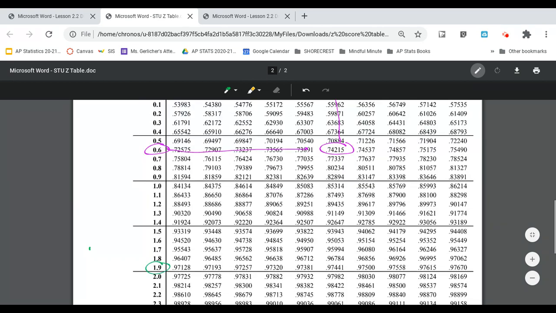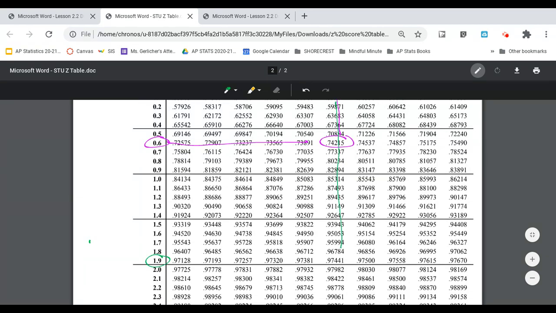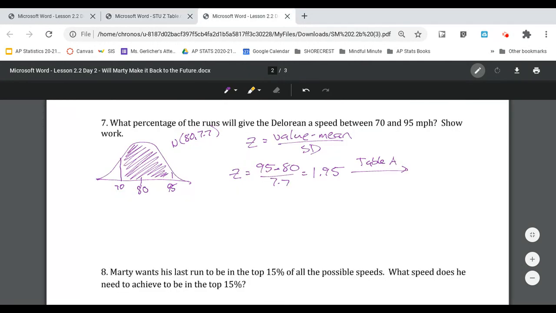So we're on the same column as before, but new row right here. 0.9744. Okay, let's find our other z-score, and then we'll talk about how to combine them.